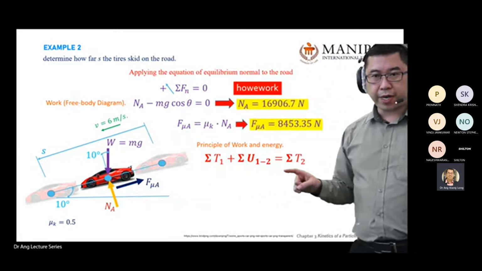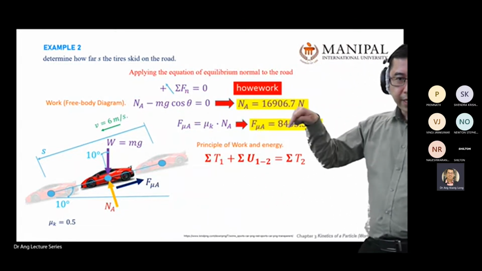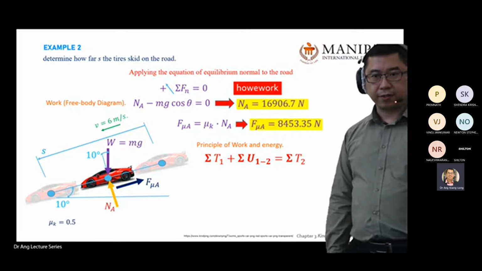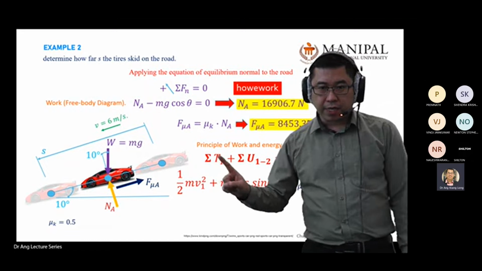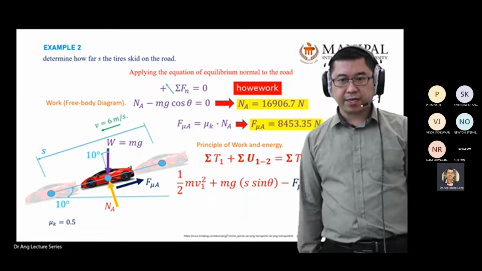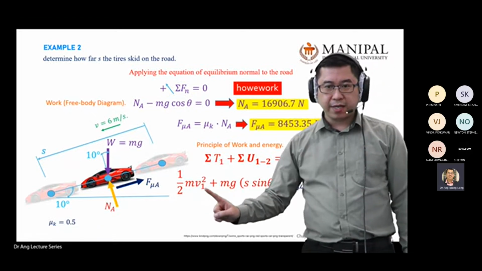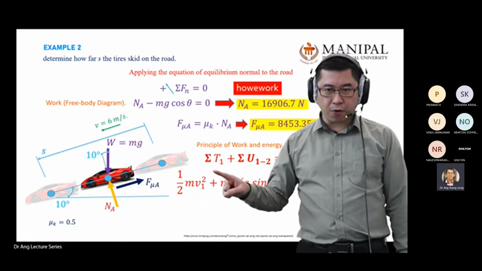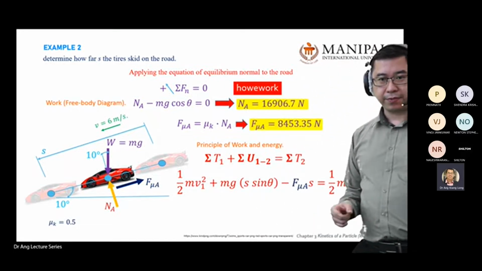So the principle of work and energy: kinetic energy before plus work done equals kinetic energy after. Kinetic energy is half mv squared, and subscript 1 means before the incident happened.